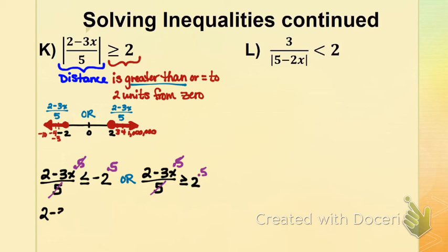So I have 2 minus 3x is less than or equal to 10, or 2 minus 3x is greater than or equal to negative 10. Sorry, I forgot my negative over here. I apologize.